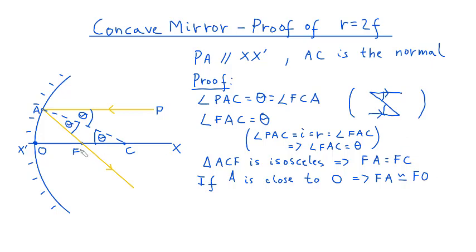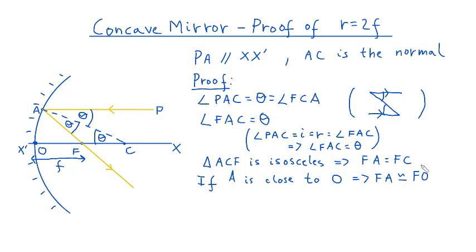Now, recall from the basics of the concave mirror that FO here is just the focal length. Remember, this distance from the focal point to the center of the mirror, that is F.